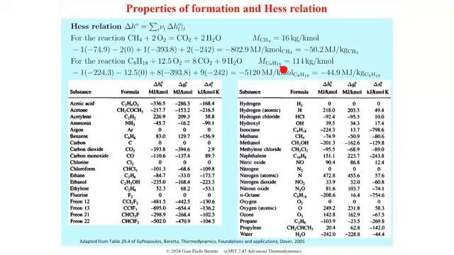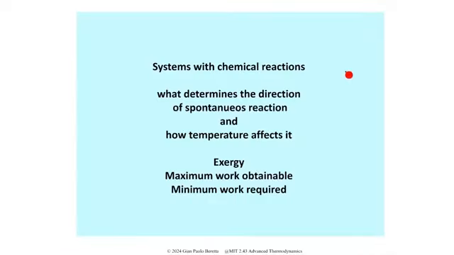For isooctane, it's a much higher molecular weight. So mole-wise, it's a much higher enthalpy of reaction. That's because you have many more bonds to break per molecule. But if you divide by the molecular weight, you get a number which is very close, the same order of magnitude as this one. And actually, this turns out to be true for all hydrocarbons.